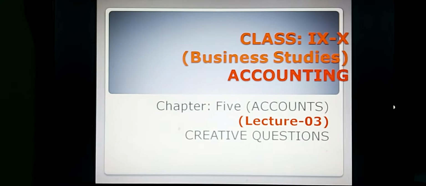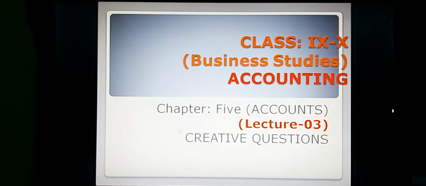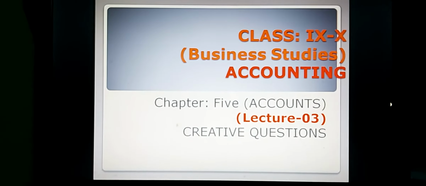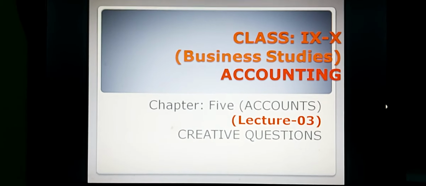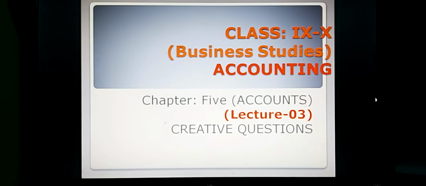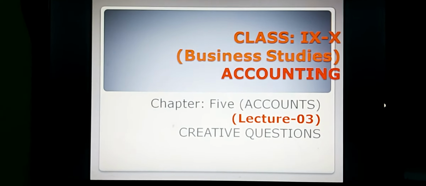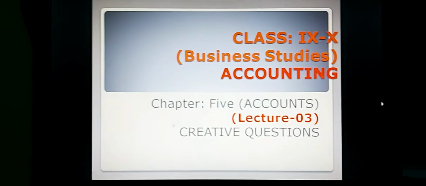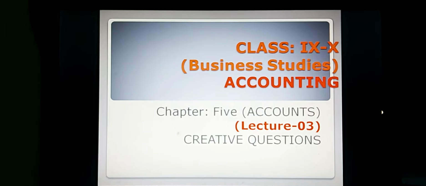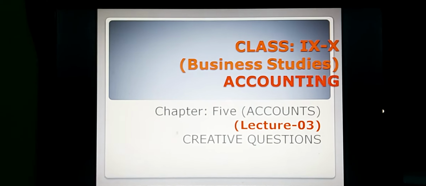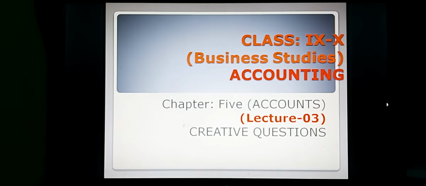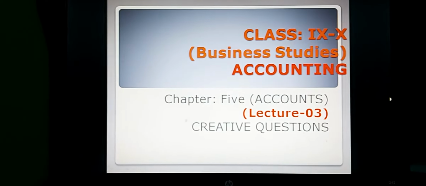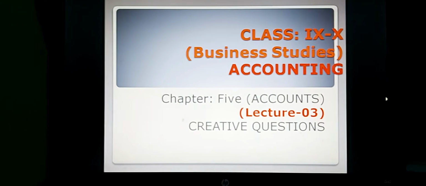I hope you have already understood the debit credit determination from the chapter of 3, that is the double entry system, which conducted in previous time. It may be first lecture for me to digital lecture in front of you.